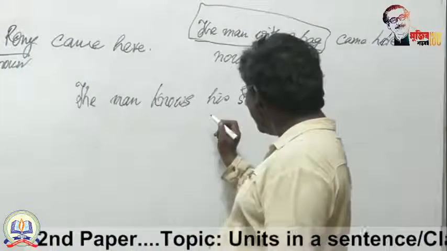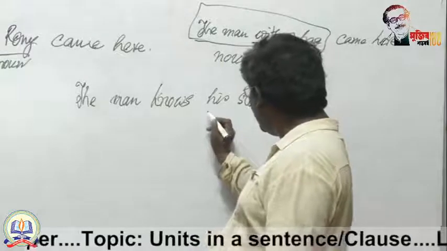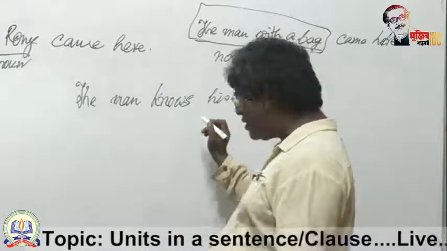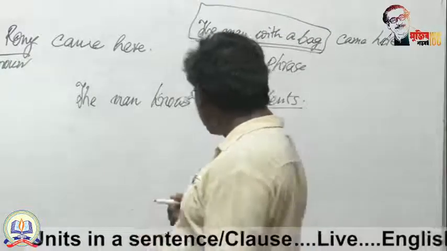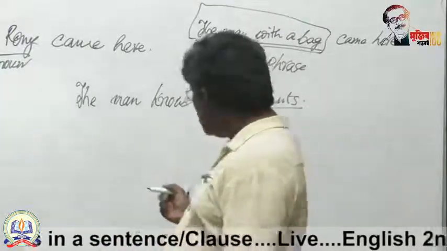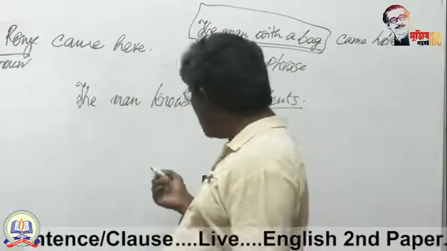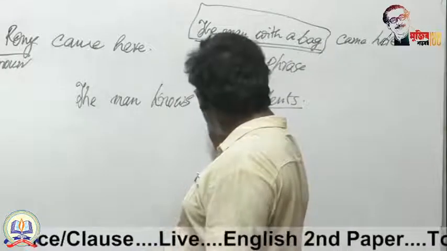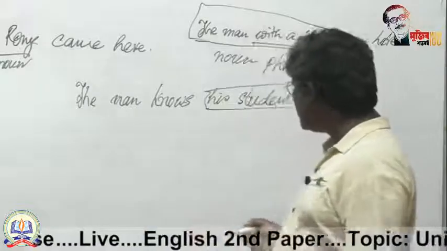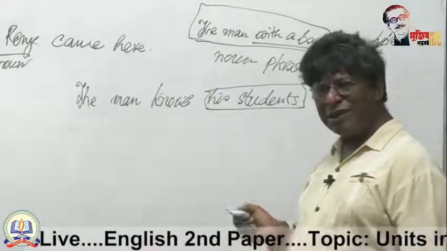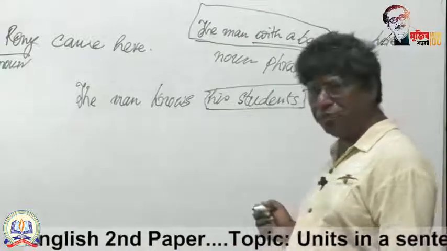So, when you make the sentence passive, his students will become the subject of the passive form of the sentence. His students are known by the man. You all can make it passive. And what is important, you look at the noun phrase or the object, his students. This can be used as the subject when the sentence is made passive.